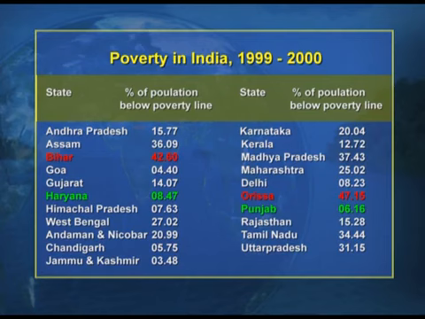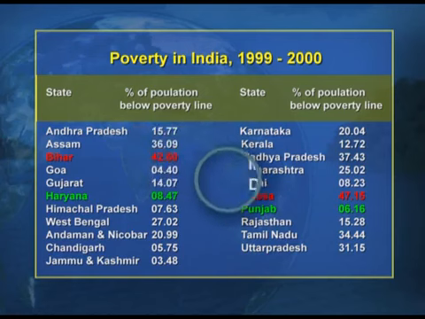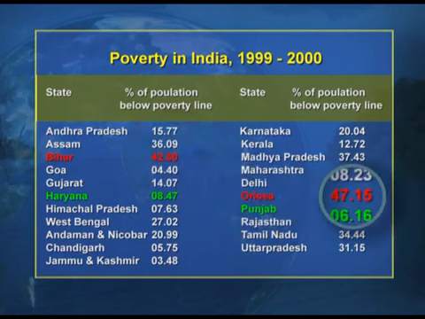8.47%. So, this clearly tells that these two states are fully developed, maybe because of the agricultural development in these states. And if you see the other two states which are marked red, one is Bihar, another is Odisha. There almost around 50% of the population is below the poverty line.